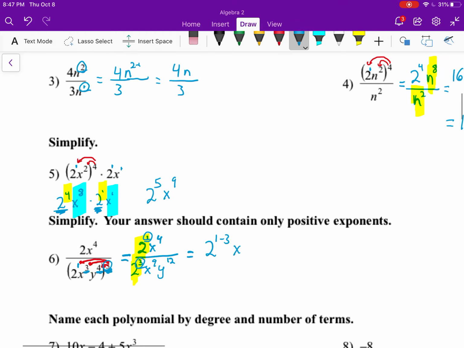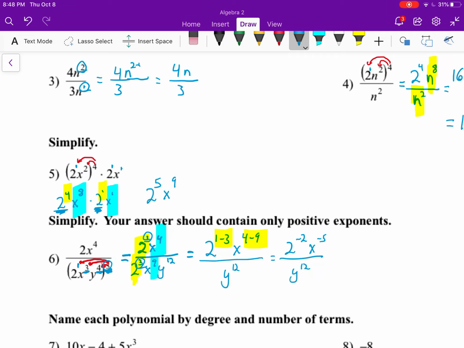We'll do x to the 4 minus 9, because we're dividing, so we subtract exponents. And then in the denominator, we still just have y to the 12th. There's nothing to do with that one. No other y in the numerator to work with. So we have, so far, 2 to the negative 2, x to the 4 minus 9, which is x to the negative 5, over y to the 12th.